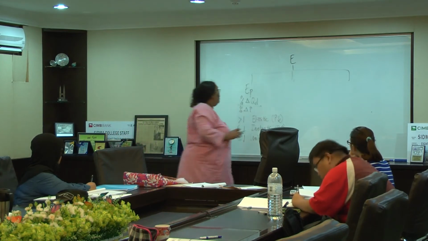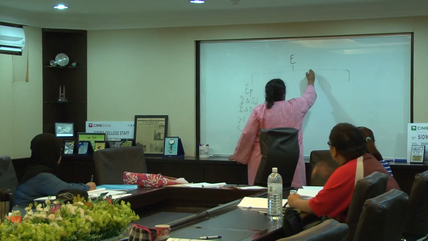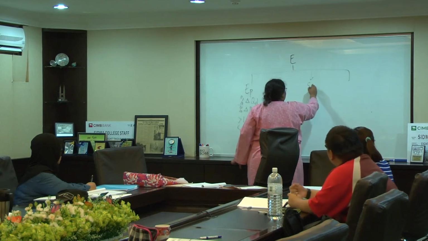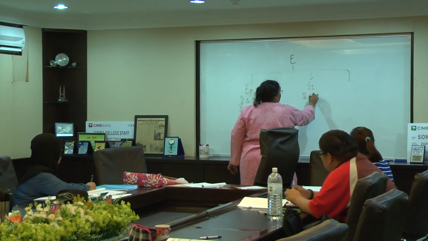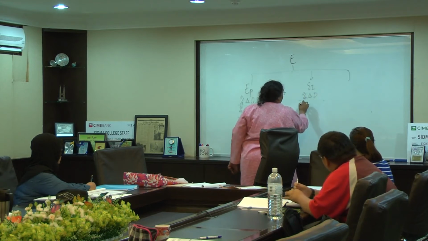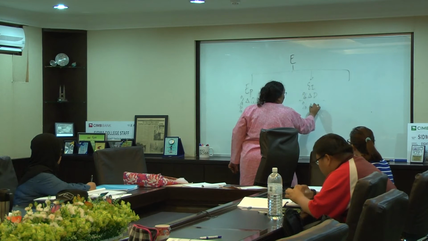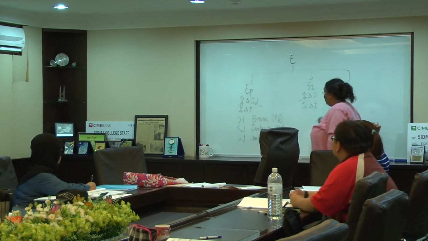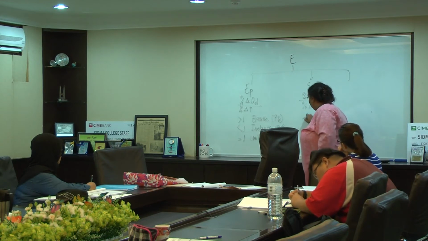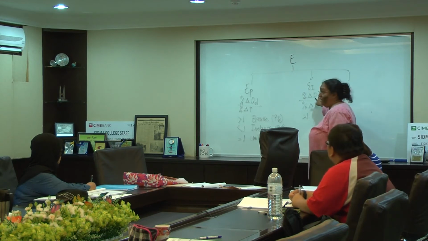Now, the next one is called income elasticity. What is this? Percentage change in the demand because of the change in your income. Okay? Now, if your elasticity is more than 1, that means this good is a luxury good.